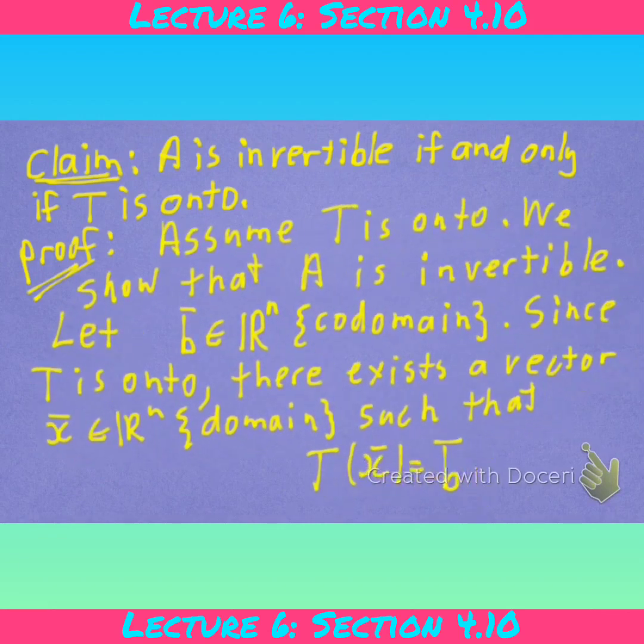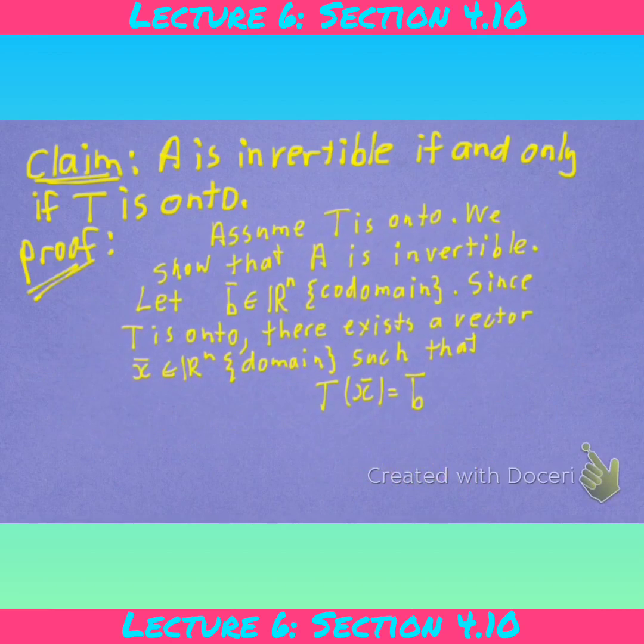T maps X to this vector B. Okay, so what's the implication of that? We know what T does, which will imply that A X bar is equal to B bar.